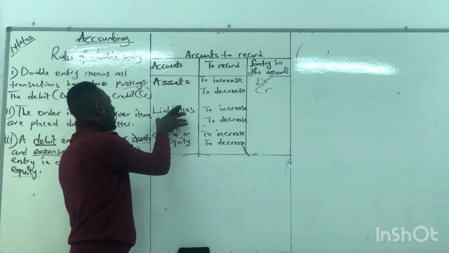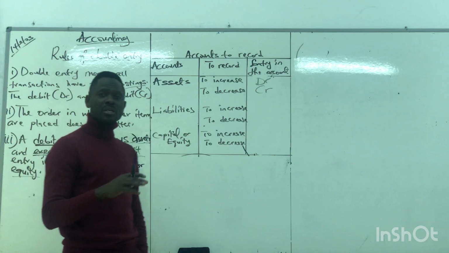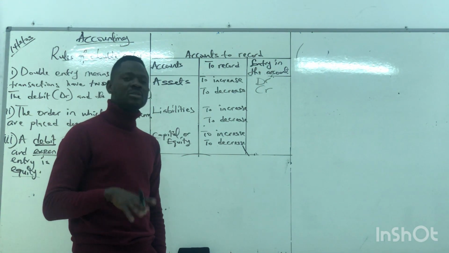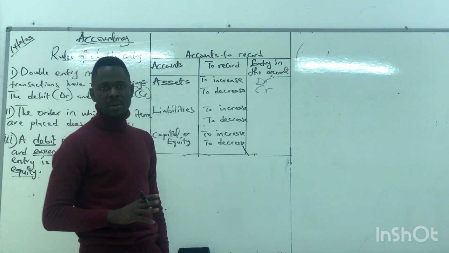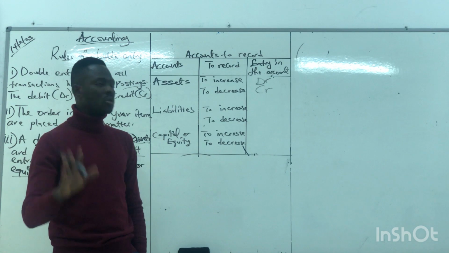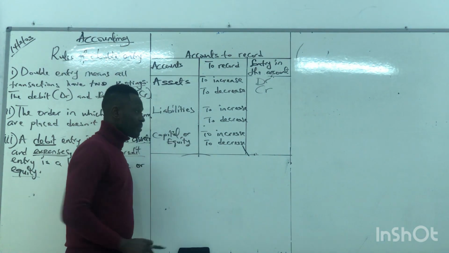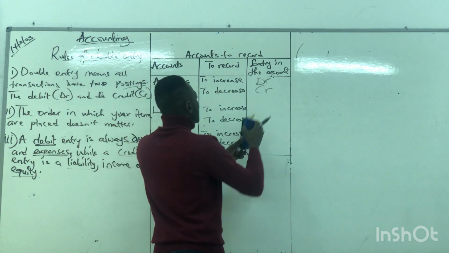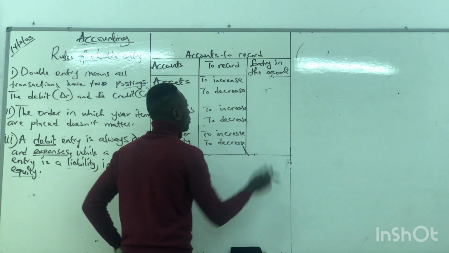Then for liabilities, what are liabilities? We're talking about resources that belong to a third party, but the business is using them. These are things we owe to a third person. So to increase our liability, it has to be credit. So let's say we write debit here and credit here.